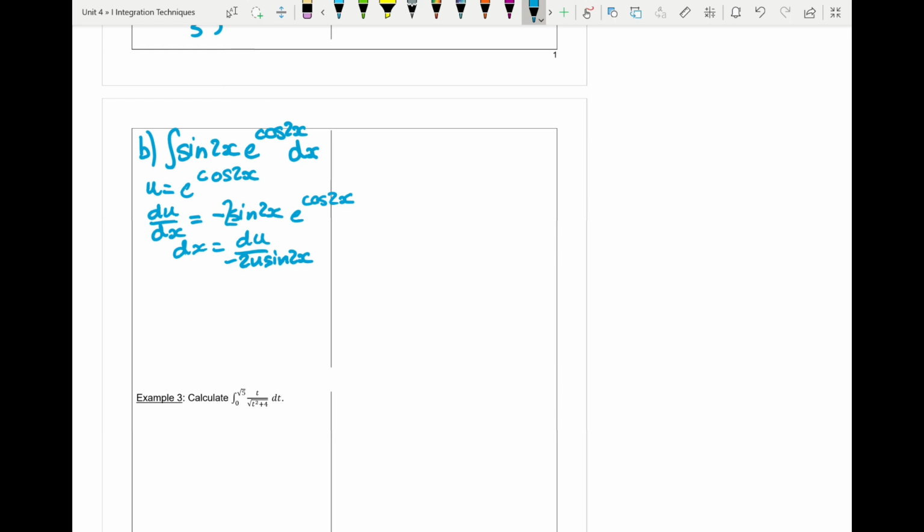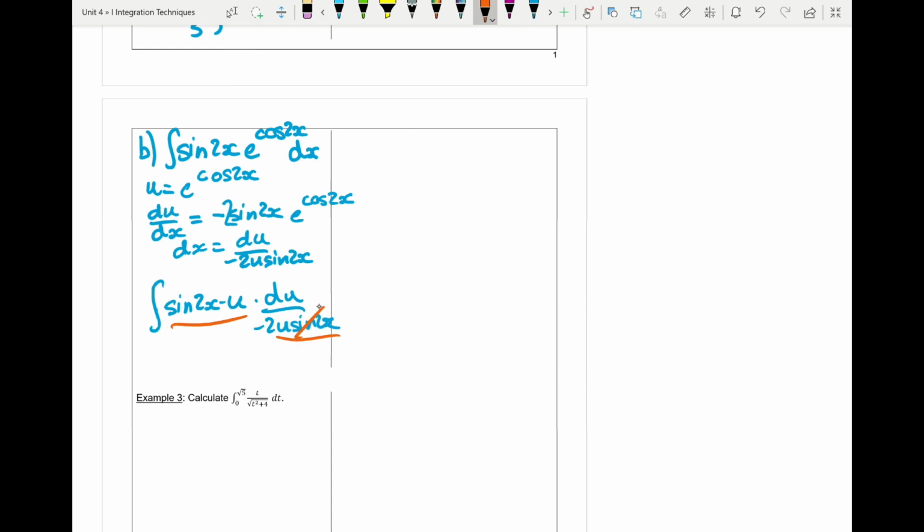So substituting that into our integrand, we get sine of 2x times u times du on negative 2u sine of 2x. And what we can see here is that we have a u sine of 2x term here and a u sine of 2x term here.